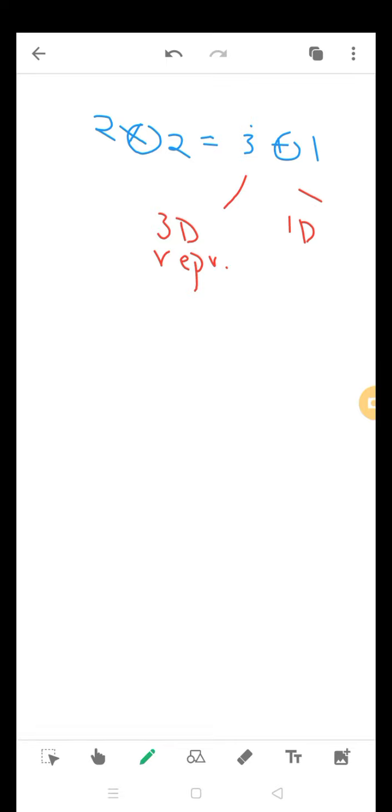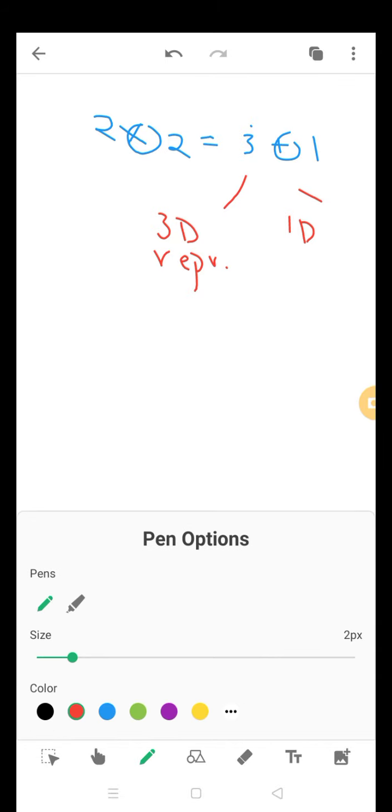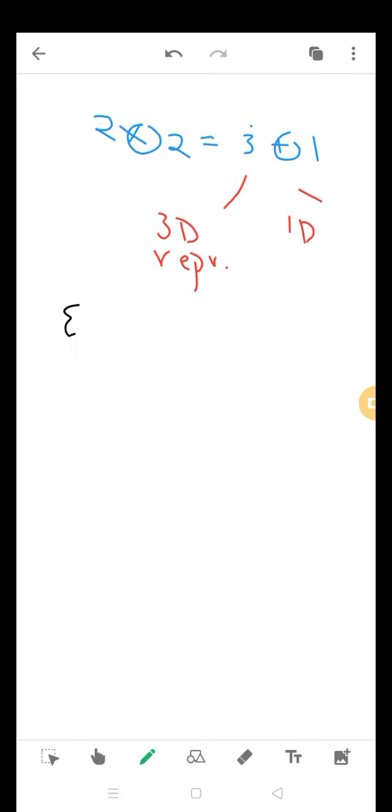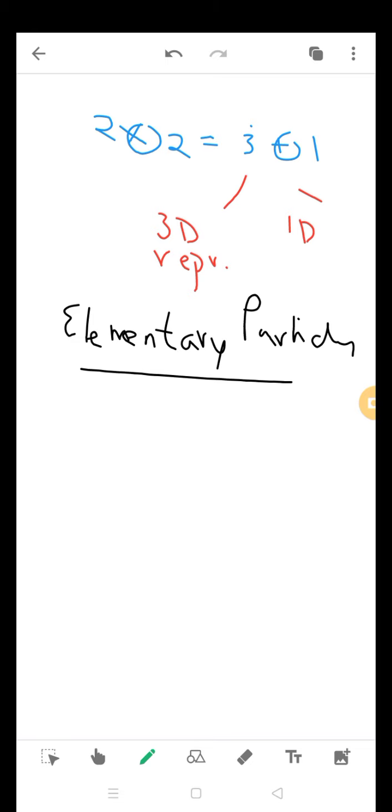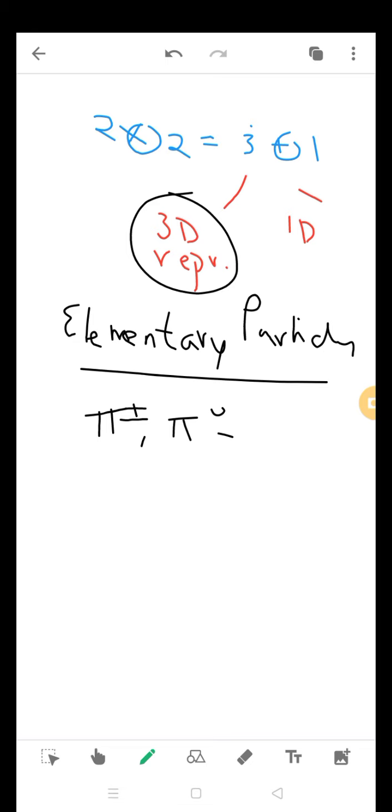Now coming to elementary particles, if you look at my previous lectures on elementary particles, the pion group means pi plus, minus and pi 0. These three elementary particles correspond to this 3-dimensional representation.